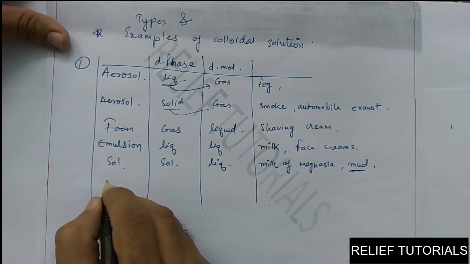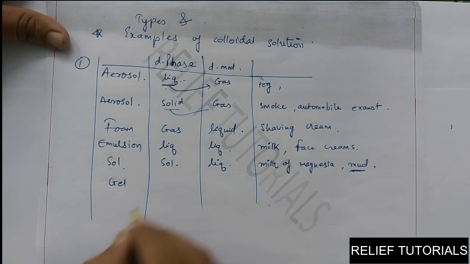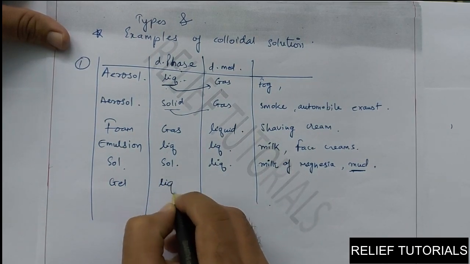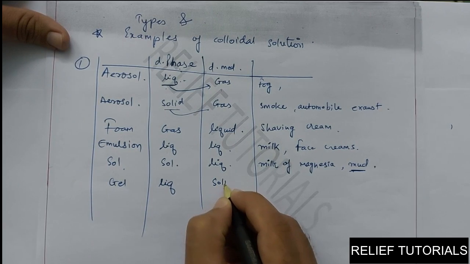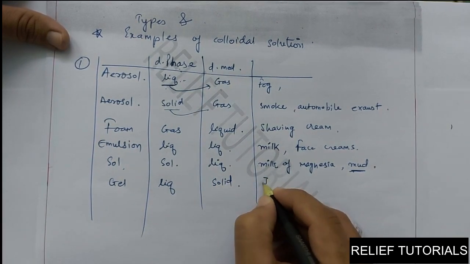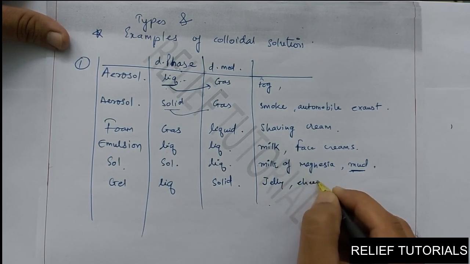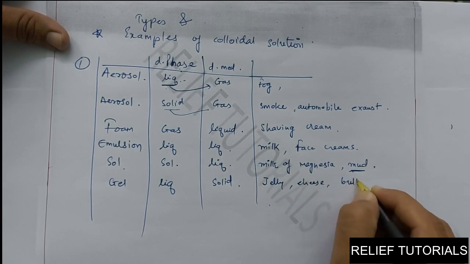That was the example of sol. Then gel, when liquid mixes with solid, like jelly we have seen, cheese, butter.